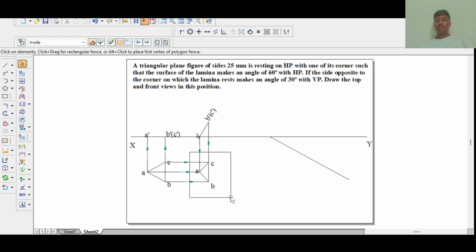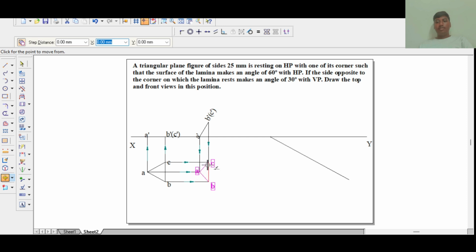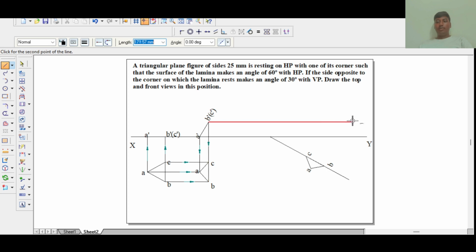Then select the lamina with the naming, go to the move option, select point C and place it on the lamina, then rotate from C to corner B and place it on the lamina. Then take a normal line, draw from B dash parallel to the XY line to a convenient length, and project from all the points on the inclined lamina from C to the B dash C dash line, then B to the B dash C dash line.